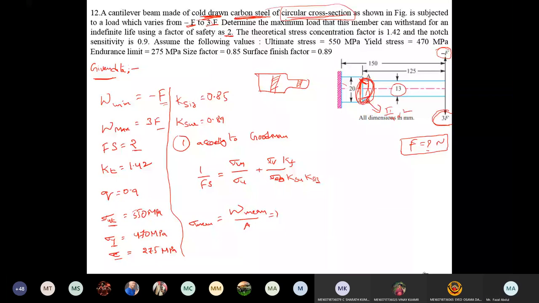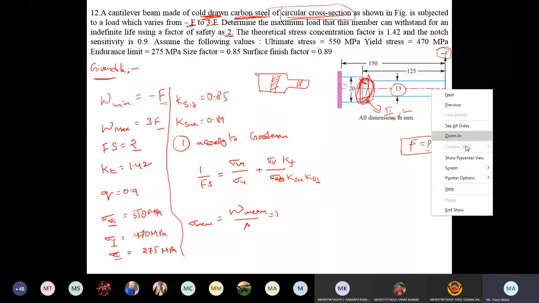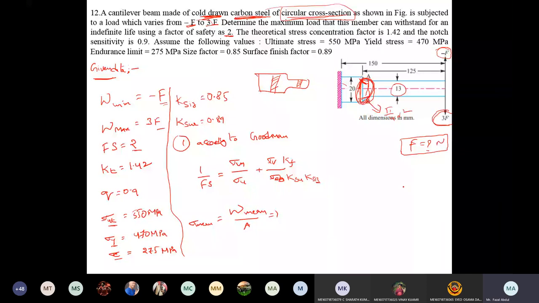Now see here, with the help of the diagram, because of this load the system is going to bend at the A and B section. It means because of the transverse load, the system is generating bending. So whatever mean stress we are taking is bending, and variable stress is also bending. Bending we need to consider.